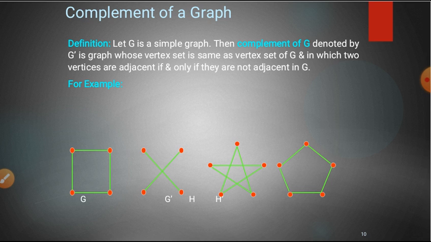Then the complement of G, denoted by G dash, is the graph whose vertex set is the same as the vertex set of G and in which two vertices are adjacent if and only if they are not adjacent in G. It means if in the given graph G one edge is connected, we cannot connect the same edge again in the complement graph. In the first graph there are 4 lines, so to plot the complement graph you plot a new graph without plotting these 4 edges.